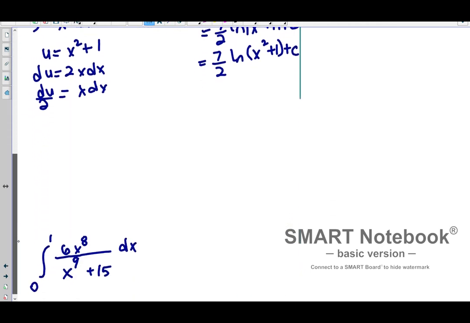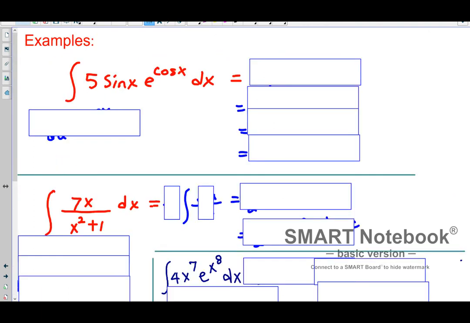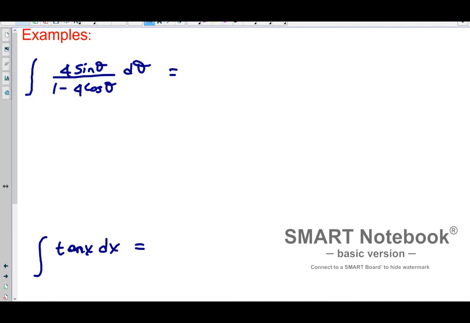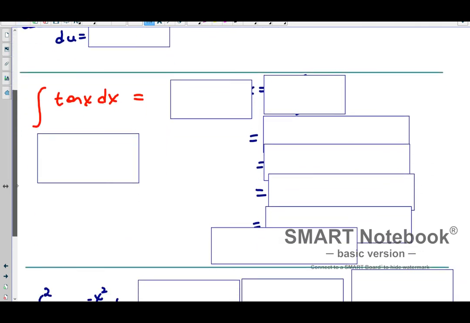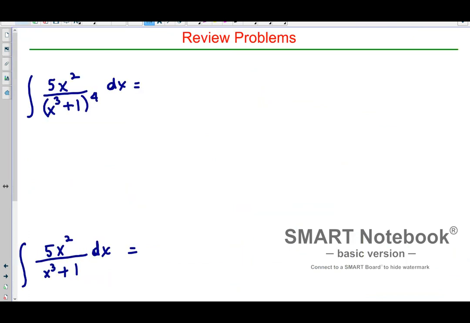Okay, one more example involving the natural log function. This would be a great example for you to take a moment. Let's see, where is my example?